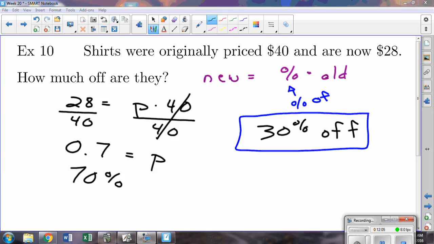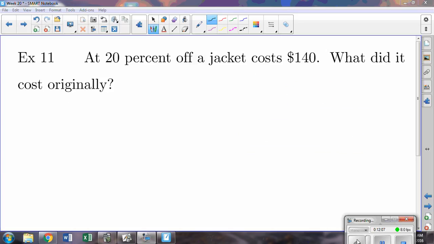And the last example for this video. At 20% off, a jacket costs $140. What was its cost originally? Well, we can still use that percent equation.